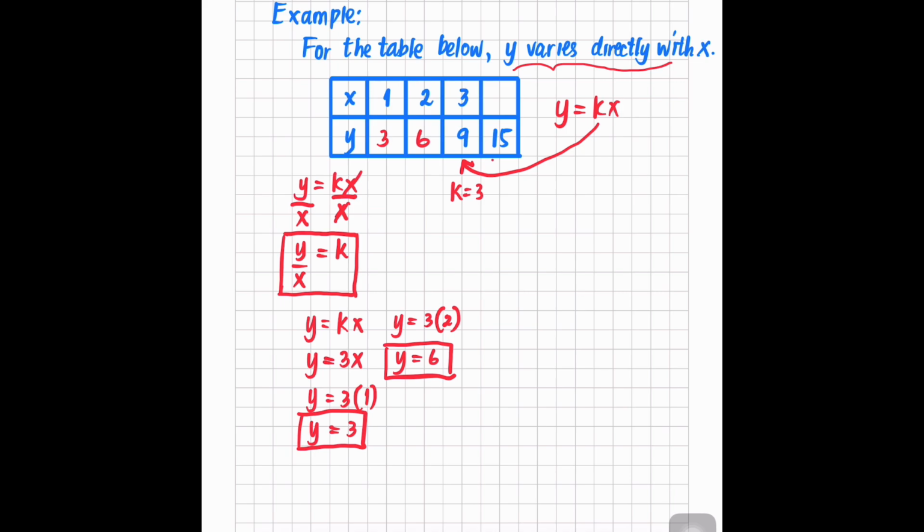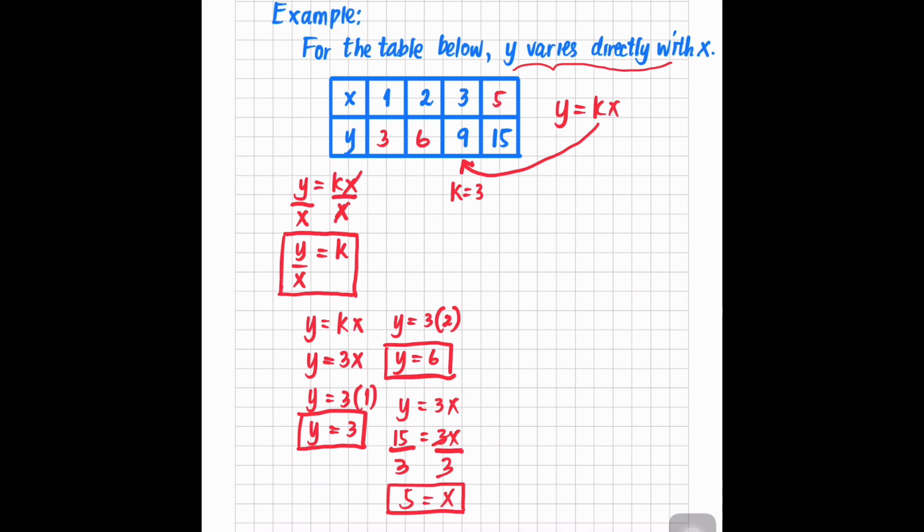So when y is 15, what will be the value of x? So simply plug in 15 to the equation. The equation is y equals 3x. Since y is given, which is 15, then we replace y by 15 equals 3x. And then we carry on simplifying by applying the division property of equality, dividing both sides by 3. So 15 divided by 3 is 5. Therefore, when y is 15, x will be 5.